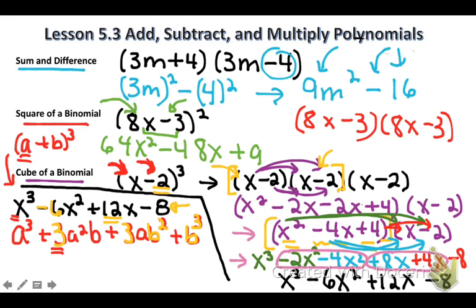So because I have a negative sign, my second and fourth terms are going to be negative. If it was positive, then they would all be positive.